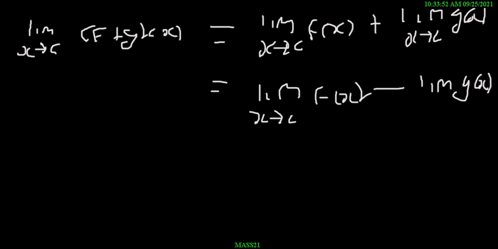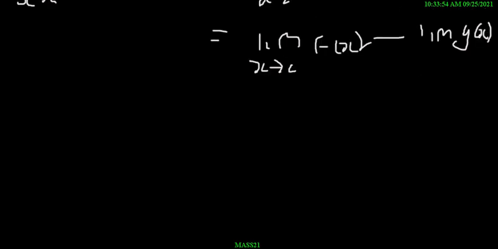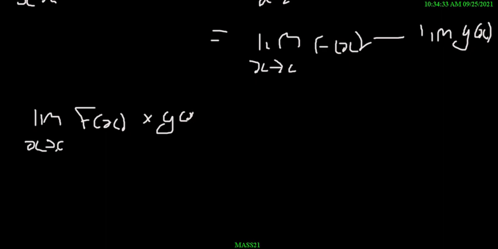So another property are the product and the quotient. So for multiplying, let's say the limit as x approaches c of f(x) times g(x), like that.